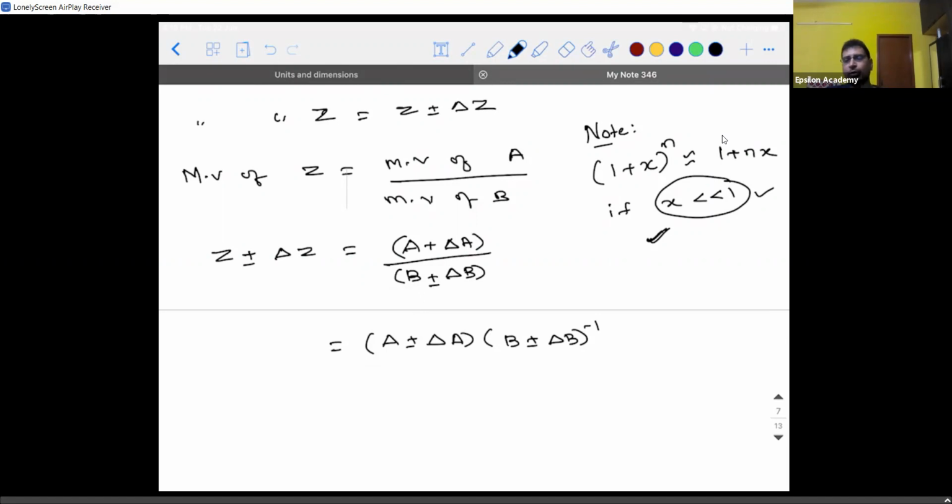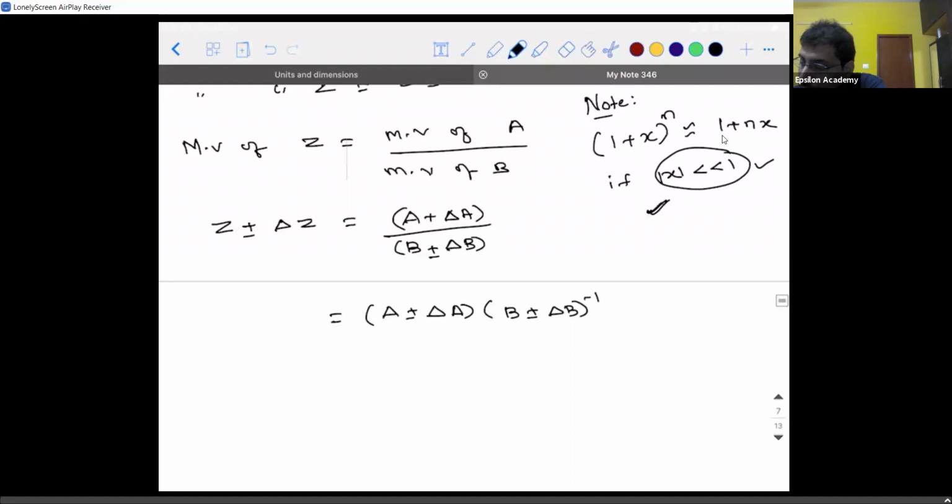I'm not getting into much details of why it is so. (1 + x)^n is approximated to 1 + n into x when the magnitude of x is less than 1. Okay, here if I observe, a plus or minus delta a, this is not in the format of (1 + x)^n.